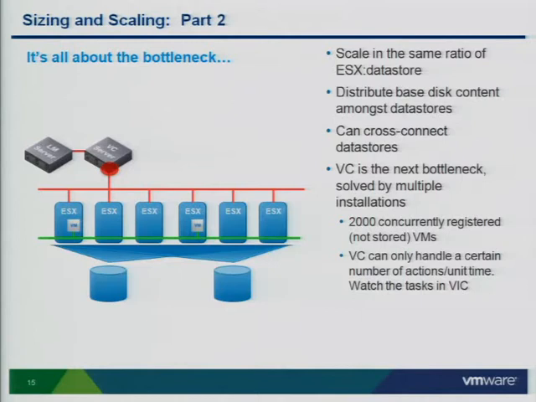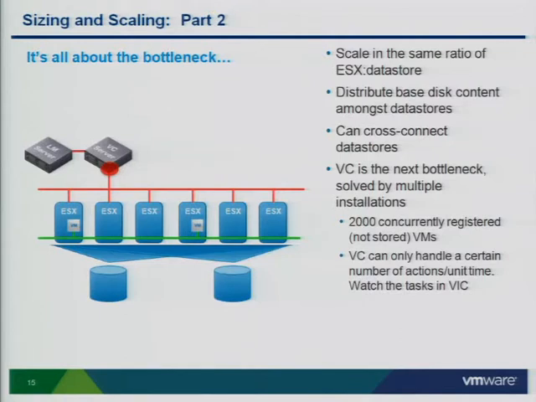Now that we've released 4.1, there will be a substantial increase in performance, and one of the things that can happen at the extreme top end of Lab Manager installations is the ESX hosts and the Lab Manager instance are fine, but the Virtual Center starts getting backed up with queues of commands that are coming at it, especially if you're using automation. Automation through the SOAP API can cause a huge flood of requests that hit Virtual Center.